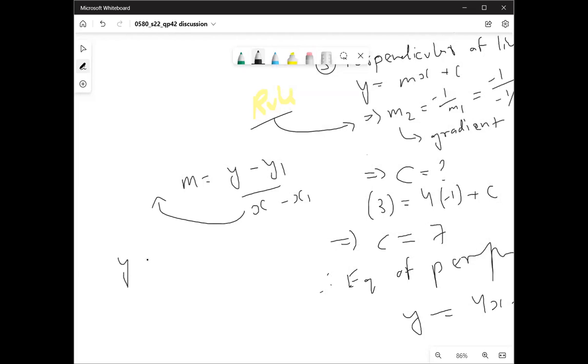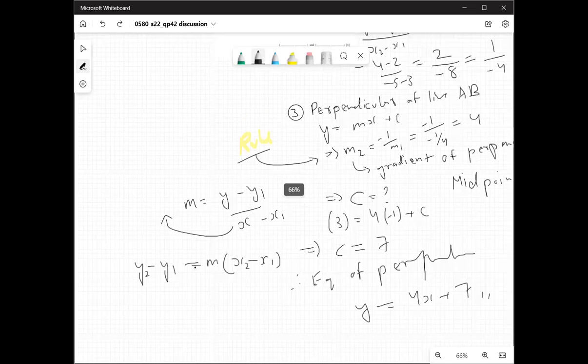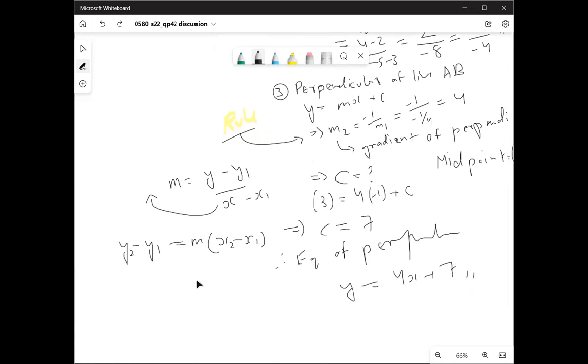We get another equation: y minus y1 is equal to m times x minus x1, which I can also write with y2 and x2. Some people like to write it like this. I have no clue why, but this is the equation, and you can write it like this as well. Same thing. Does that answer it?